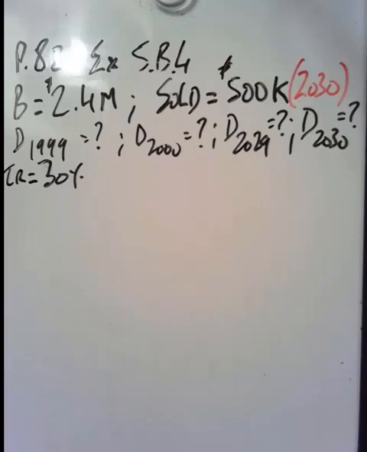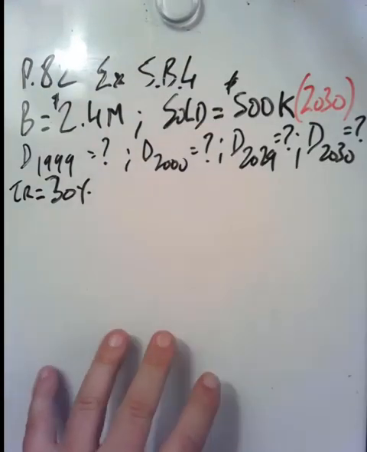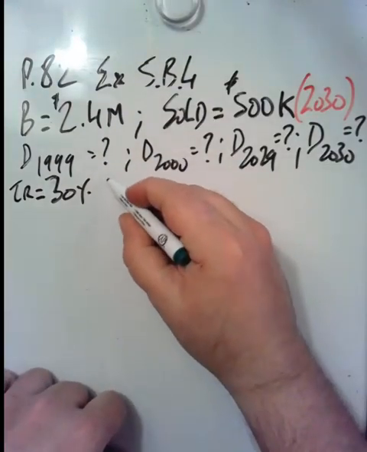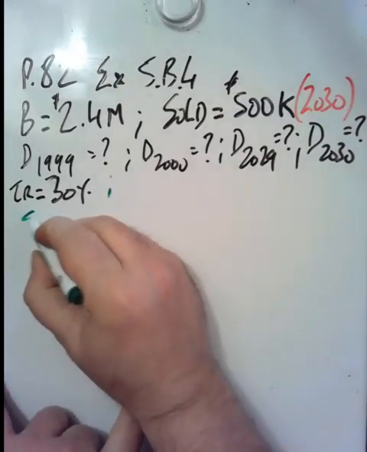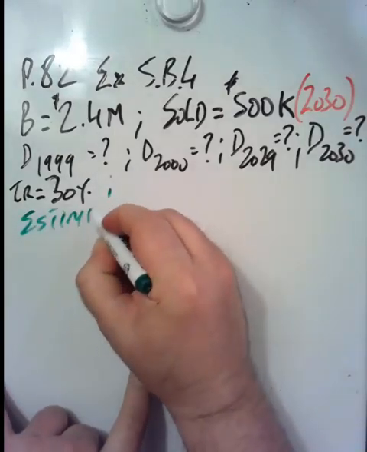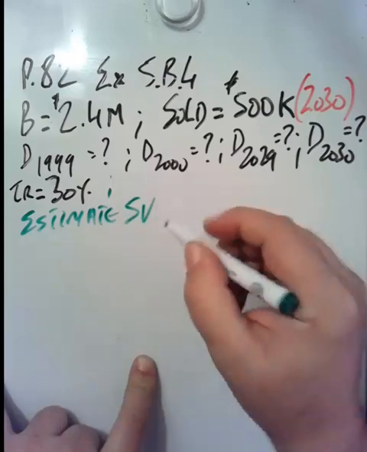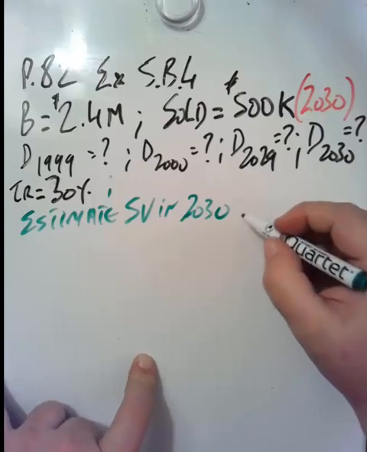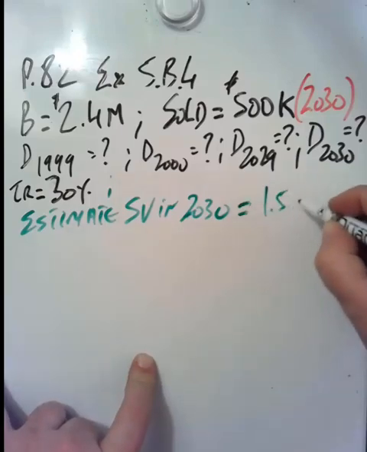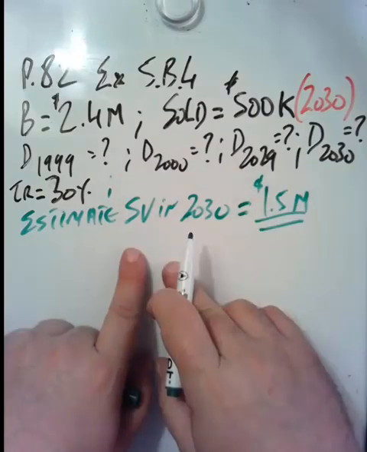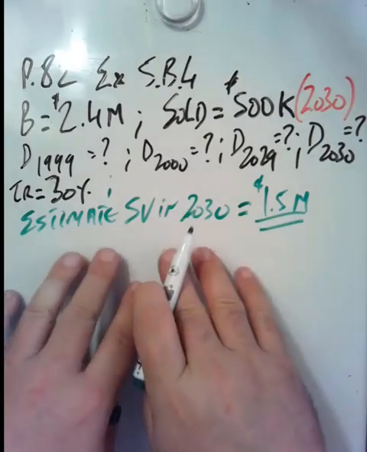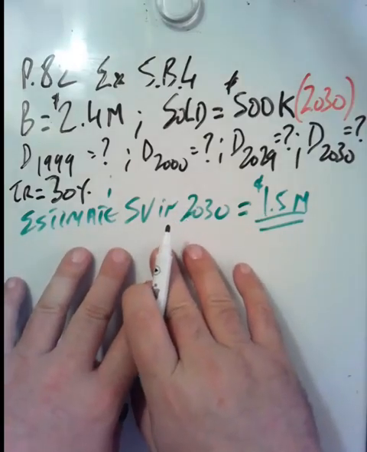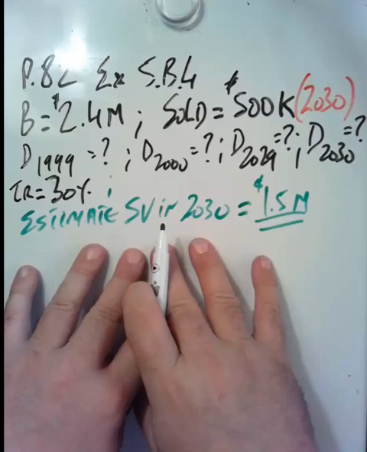Now let's add a little extra information. Let's say that they said the estimated salvage value in 2030 to be 1.5 million. I'm adding this information because I want to stress this, and I am stressing this in the assignments I task you with.